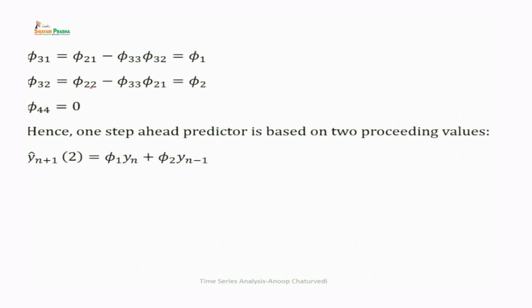So, you have phi 2 2 and phi 2 2 is equal to phi 2. Then phi 4 4 is equal to 0 and so on. So, the one step ahead predictor is based on two preceding values: y hat n plus 1 is equal to phi 1 y n plus phi 2 y n minus 1.